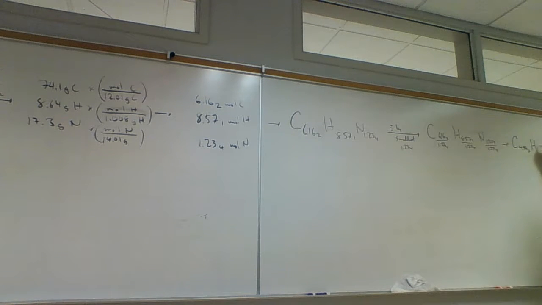And then H is going to be 8.571 divided by 1.234, which gives me H 6.945. And then N is going to be 1.000.